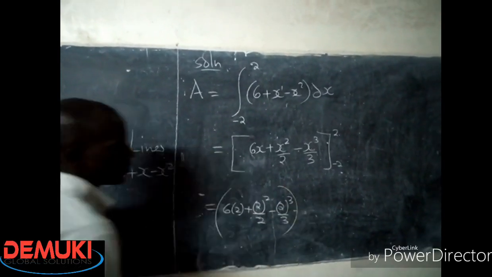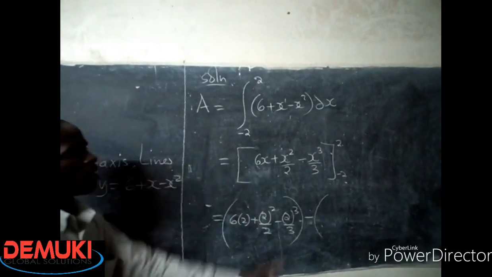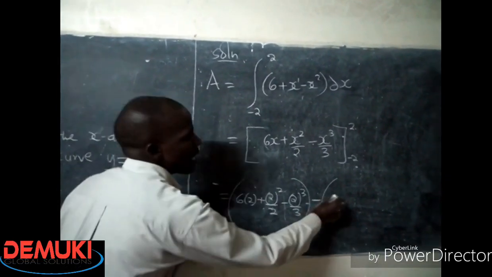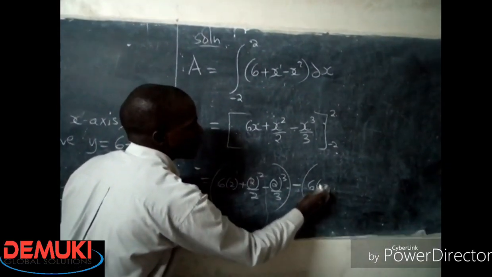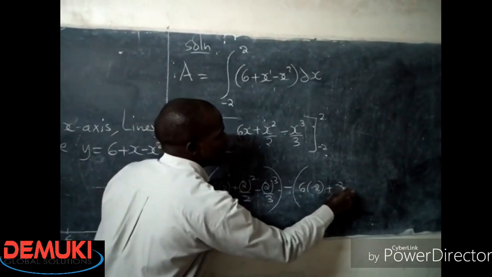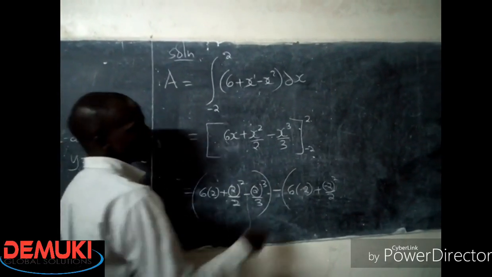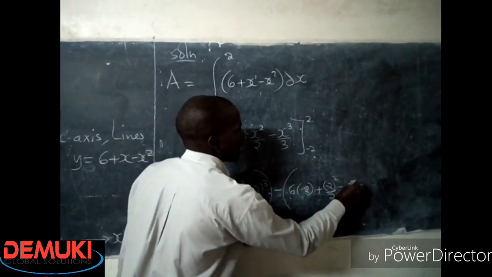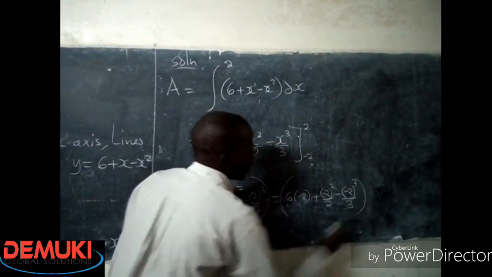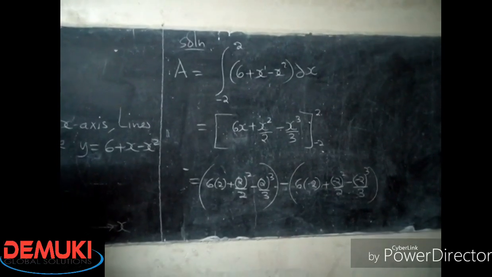Then minus, we substitute our lower limit into the whole expression, and we shall have 6 times -2, plus (-2) squared over 2 minus (-2) cubed over 3.